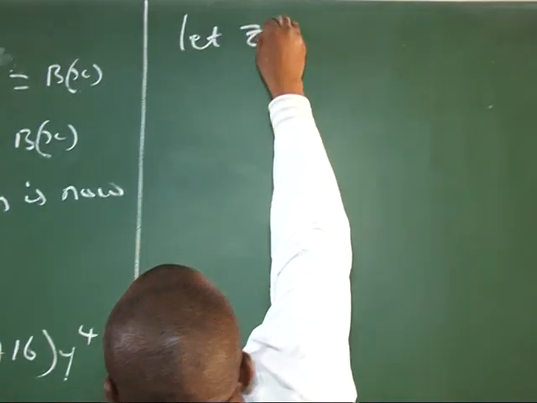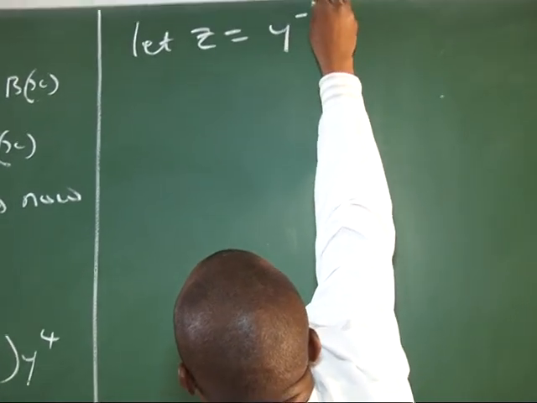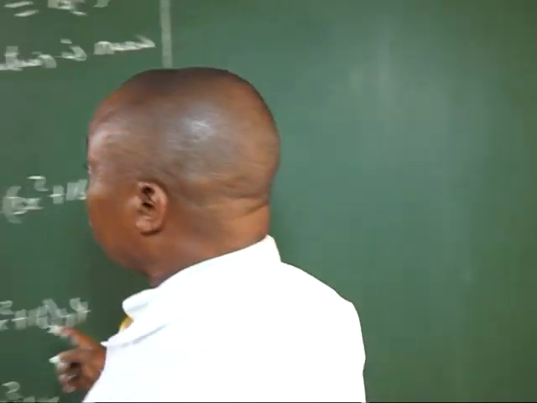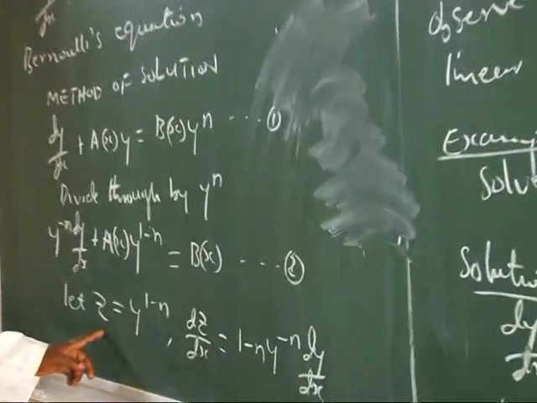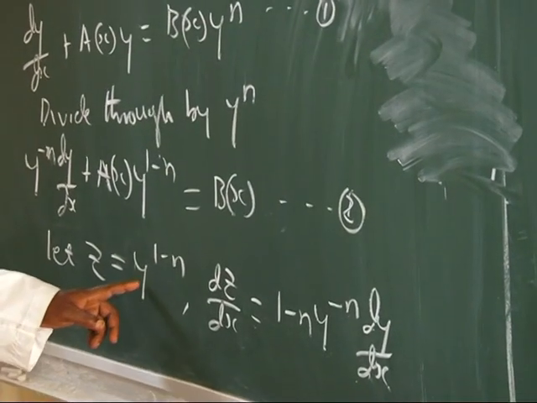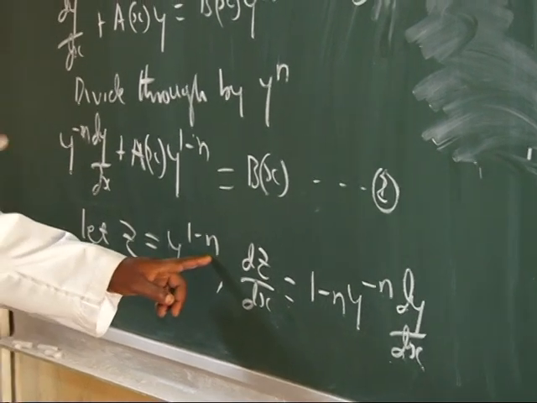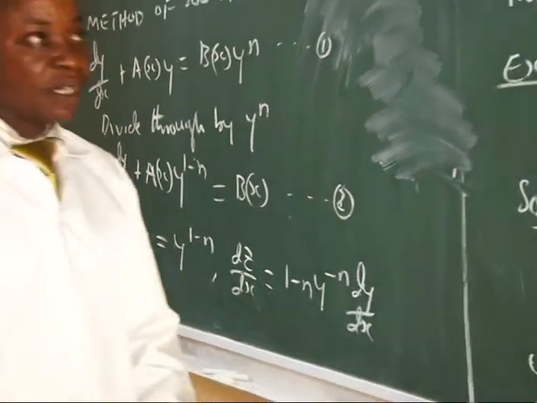Now, let z equal y raised to negative 3. In our method of solution, we say let z equal y raised to 1 minus n. n in this context is 4. So 1 minus 4 gives us minus 3.